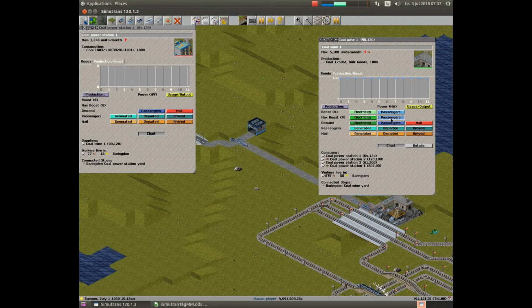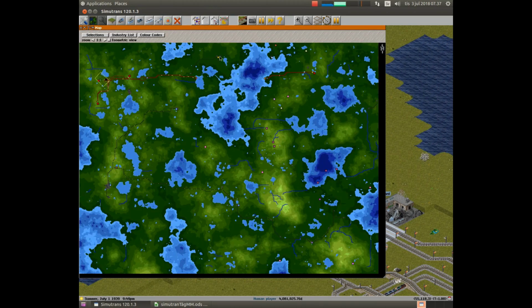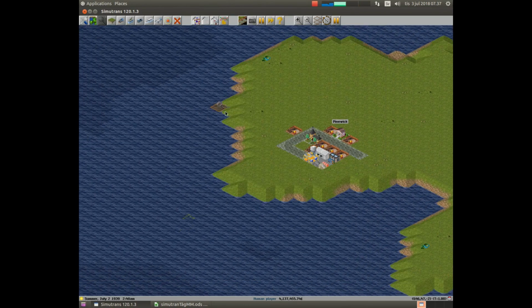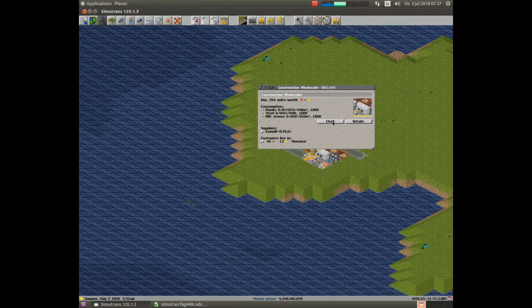And if you bring in passengers, they increase the production by up to 100%. And up here you can see how much you actually boost the production. And if it is a consumer instead of a producer, you increase the consumption of cargo if you boost.